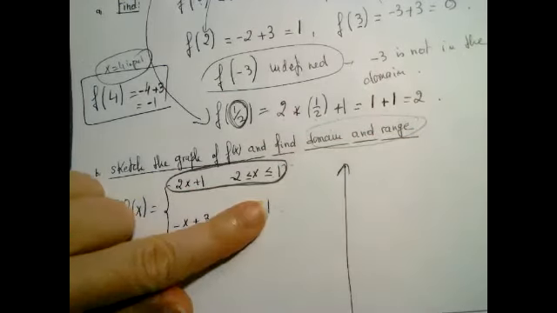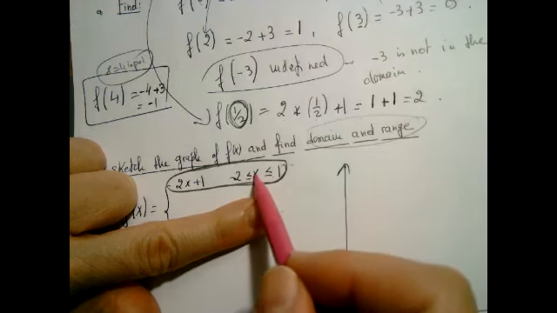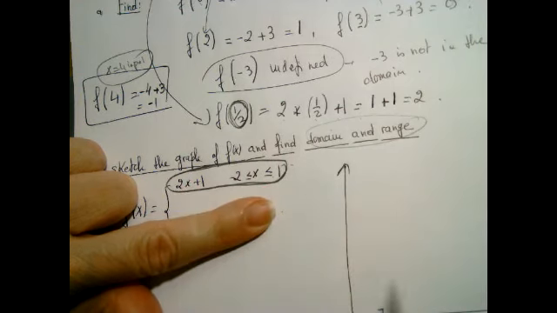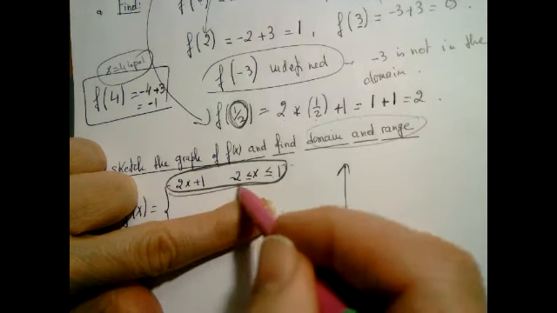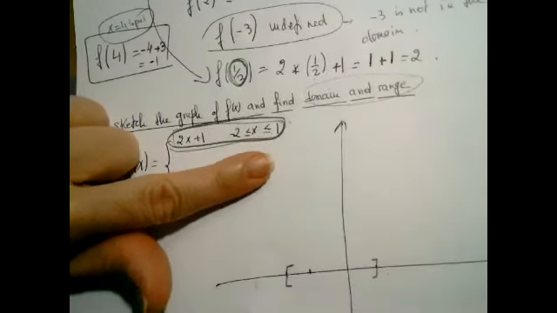I'm going to totally get rid of the other piece. If the input is x, the output is 2x plus 1. That's where the word piecewise comes from. So I'm going to first sketch the piece 2x plus 1 between -2 and 1, and then stop.